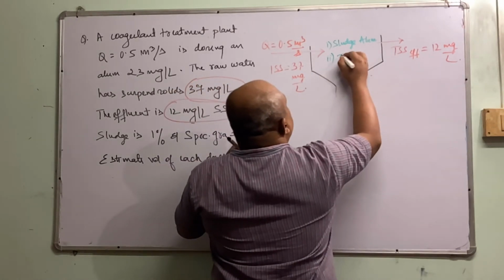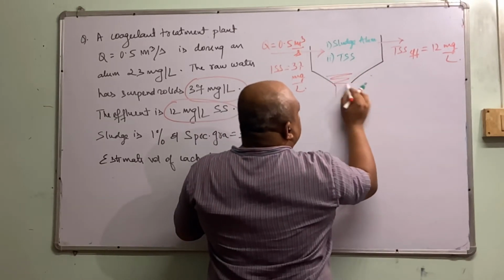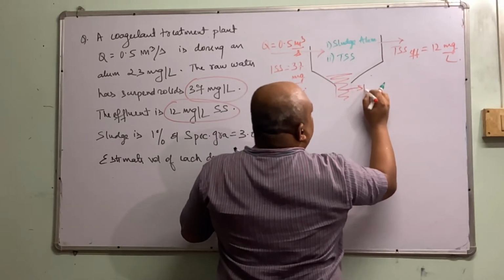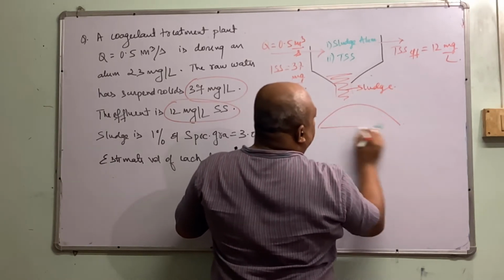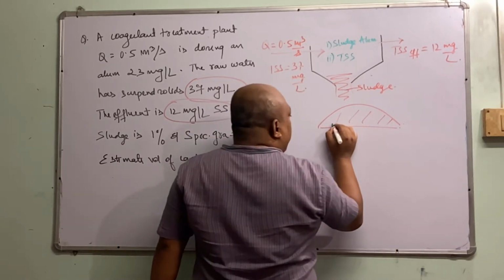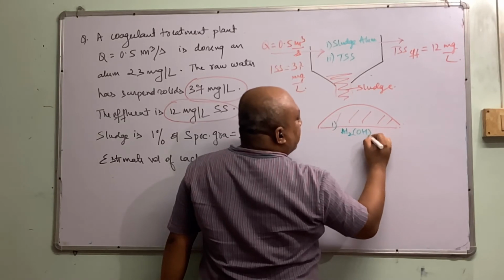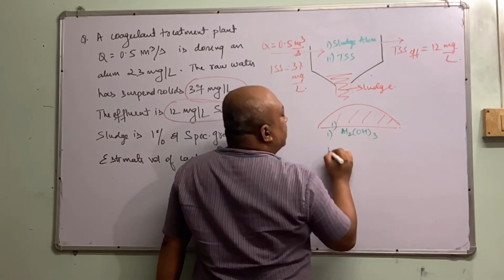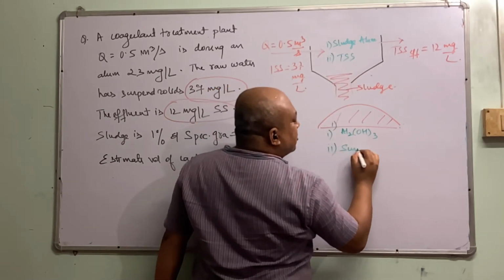So this is the TSS part. Now our concern is this part, the sludge. It is a heap. Number one is Al(OH)3; number two, maybe some inorganic part, the suspended solids.